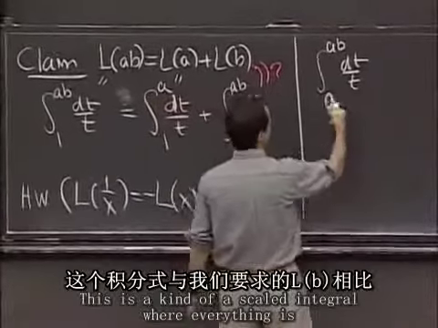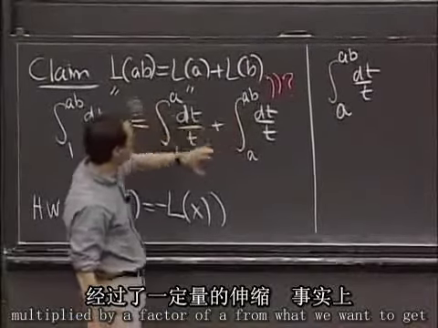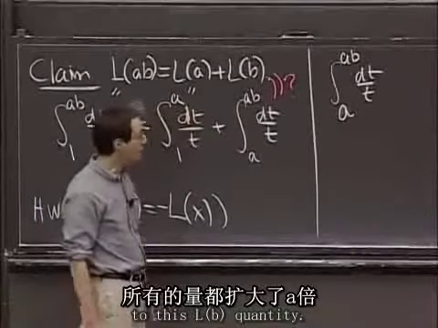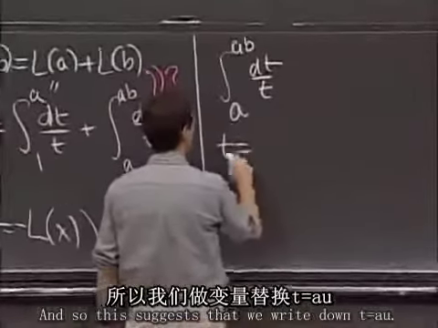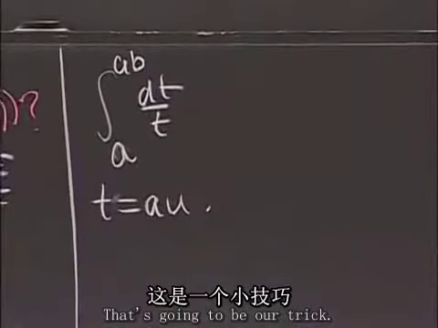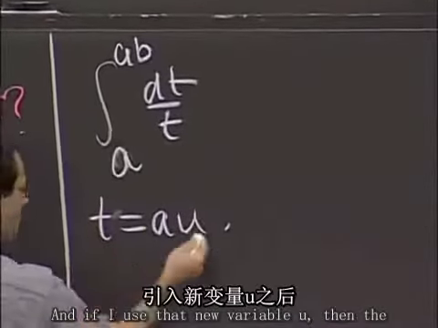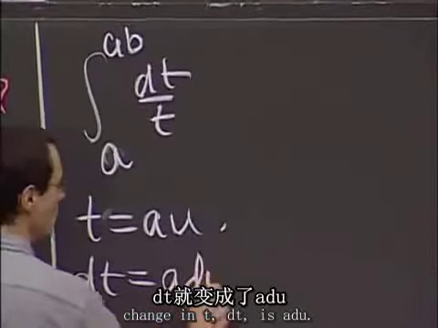This is a kind of scaled integral where everything is multiplied by a factor of a from what we want to get to this L of B quantity. And so this suggests that we write t equals a times u. That's going to be our trick. If I use that new variable u, then the change in t, dt, is a du.